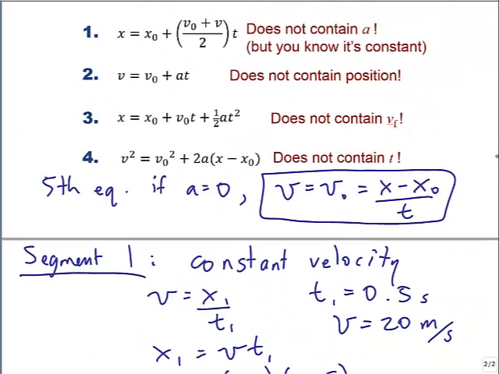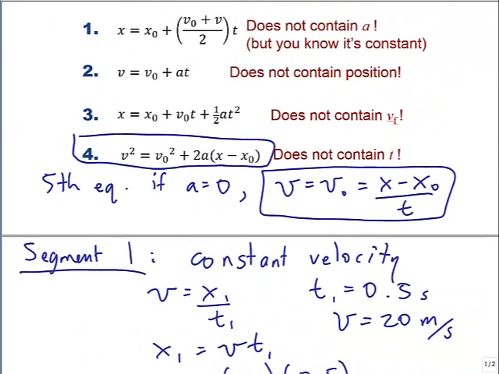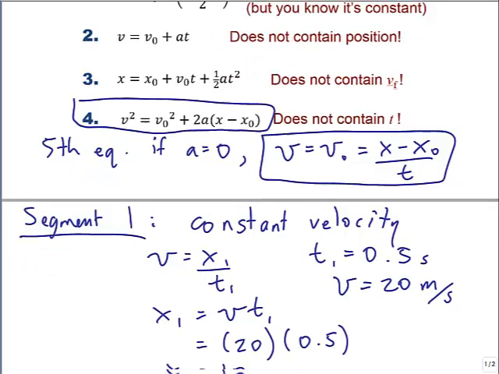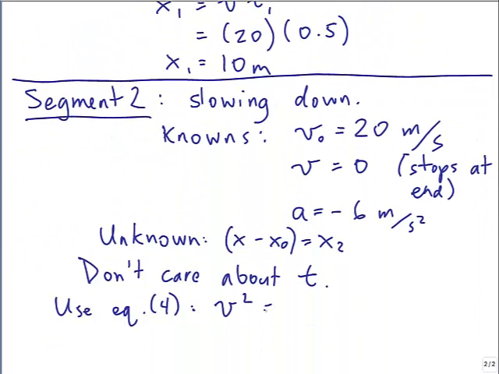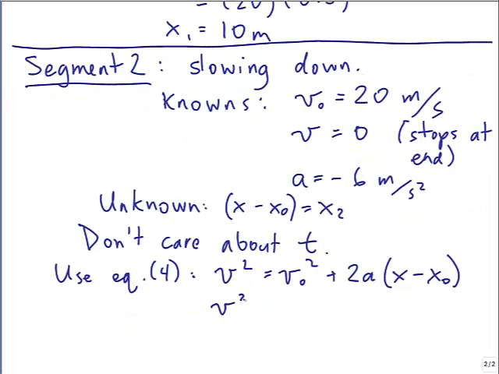So looking at these equations, the one that does not contain t is equation 4. So let's use equation 4. v squared is v0 squared plus 2a times x minus x sub 0. We'll call that x minus x sub 0, x2. And v final is 0. So then we'll solve this out for x2.